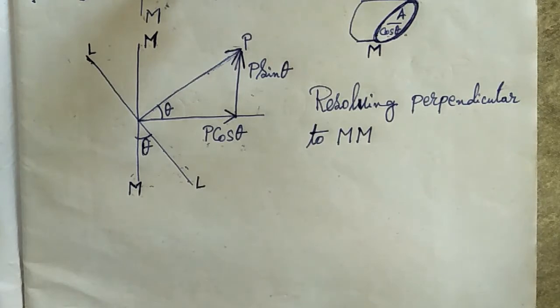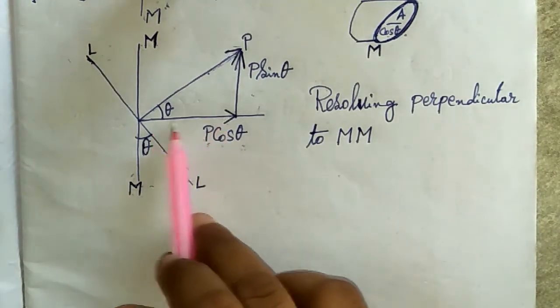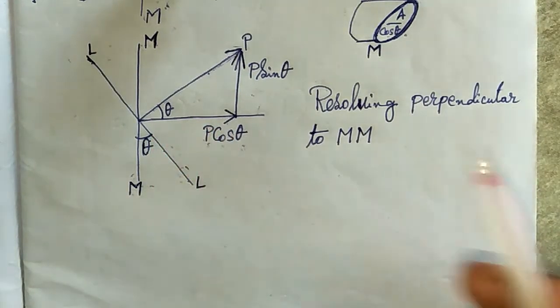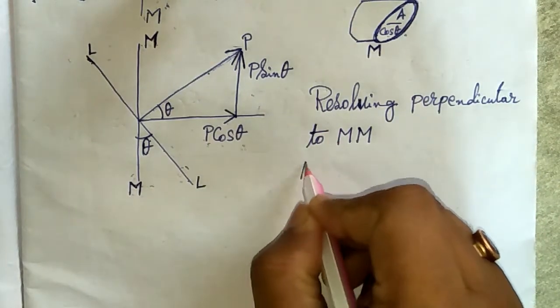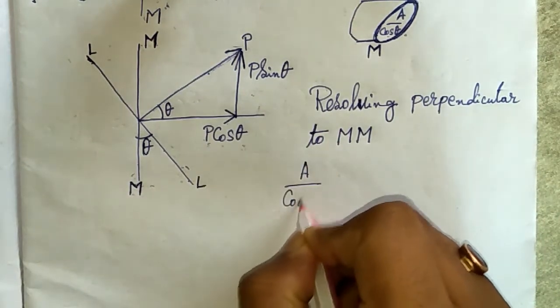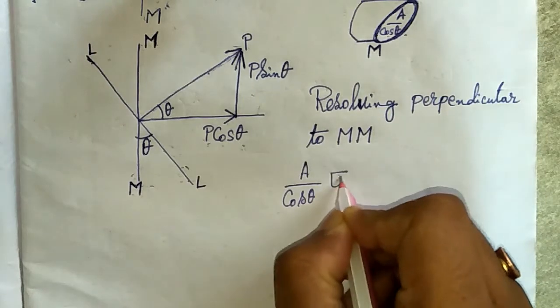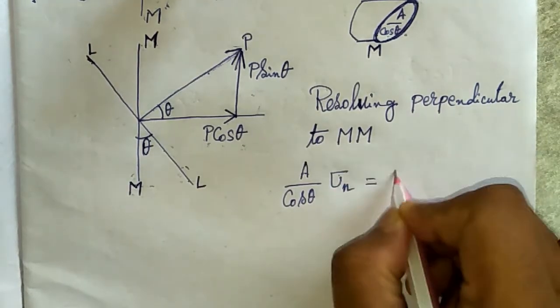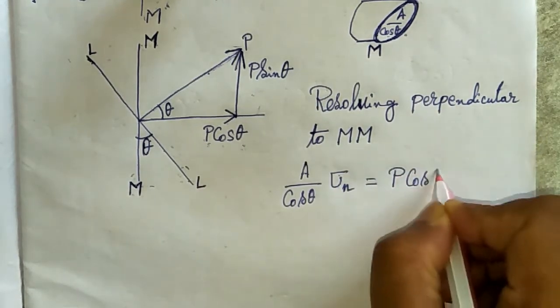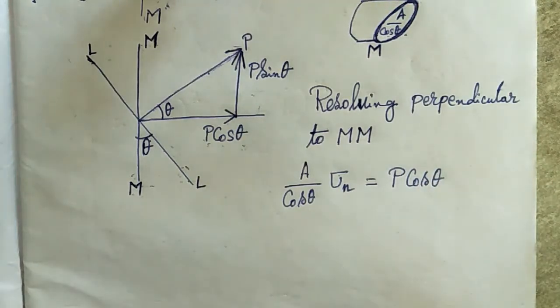Now if we resolve the force along this axis, perpendicular to the cross section, we get A by cos theta into sigma n is equal to P cos theta.